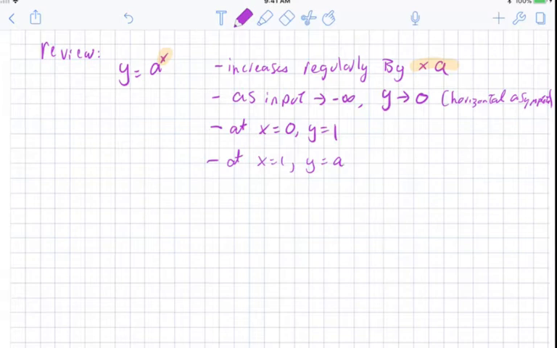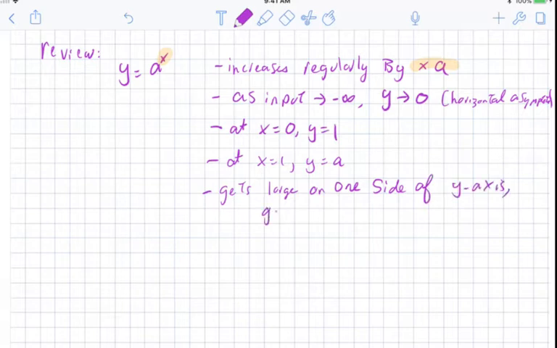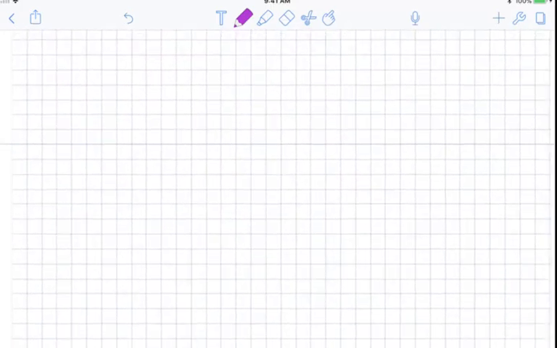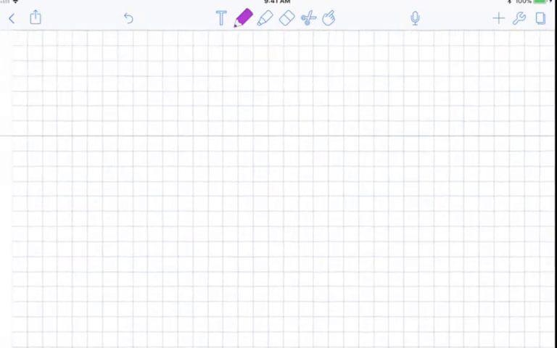And so it gets large on one side of the axis and it goes to 0 on the other side. So it looks like that. And we're going to shortly see exponentials that look like that as well. So let's talk about how to sketch composite exponential functions, because that's pretty much the activity I want you to learn how to do right now.